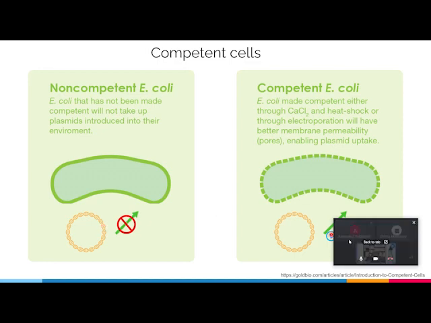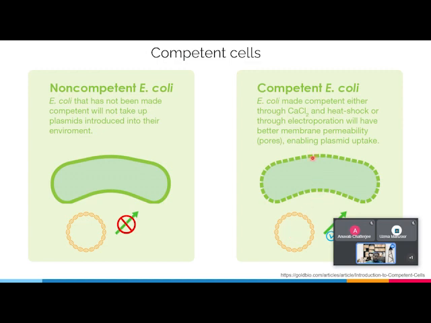But on the other hand, competent E. coli cells are made competent either using the calcium chloride heat shock method or the electroporation method. What it does is that it makes the cell viable for taking up the plasmid. Essentially, it makes the E. coli cell membrane permeable, making various pores via which the plasmid can enter.